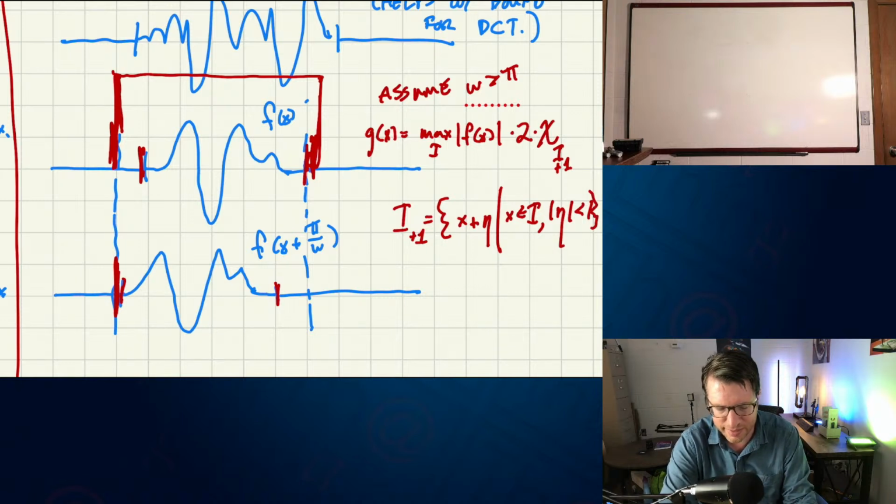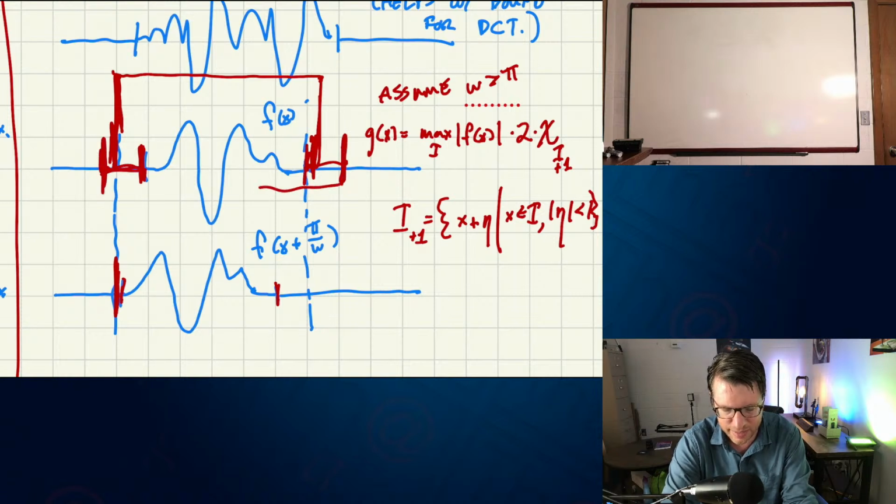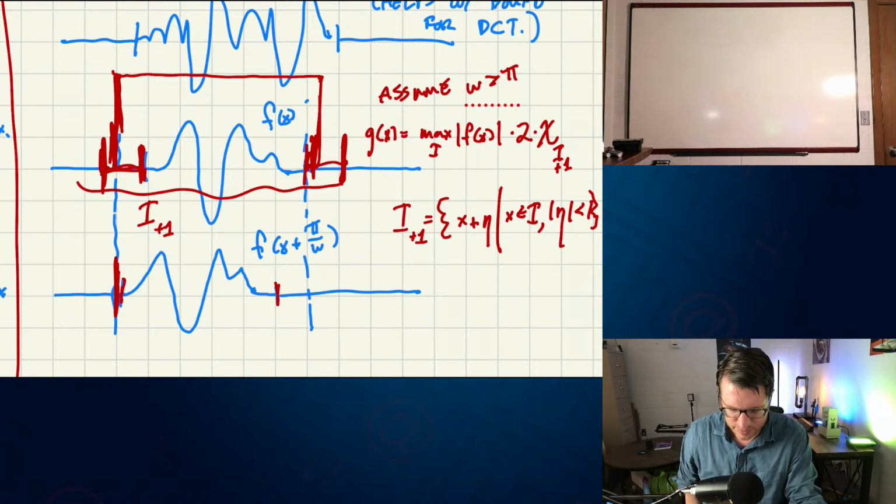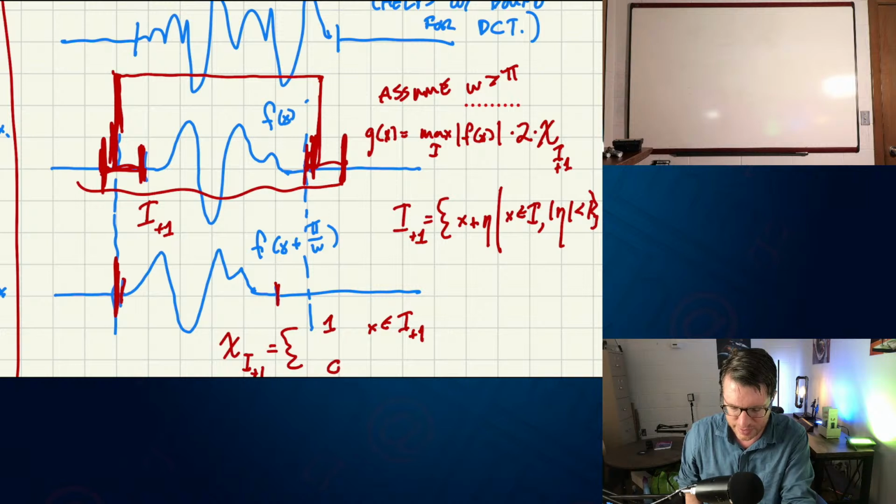Basically I'm just saying take this interval, whatever it is, and increase it by 1 in either direction. That's going to be I plus 1, just our notation here. And then this indicator function of I plus 1 is going to be 1 if x is in I plus 1, and 0 for x not in I plus 1.